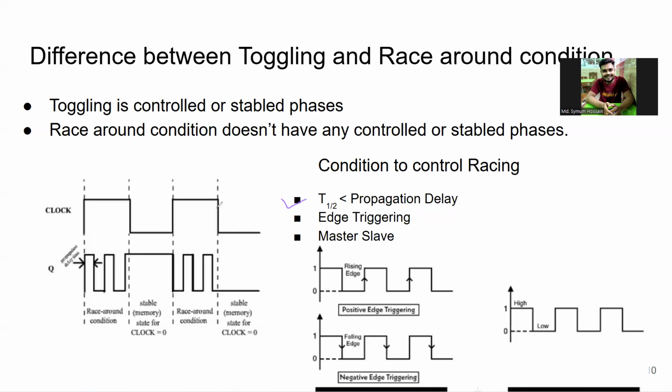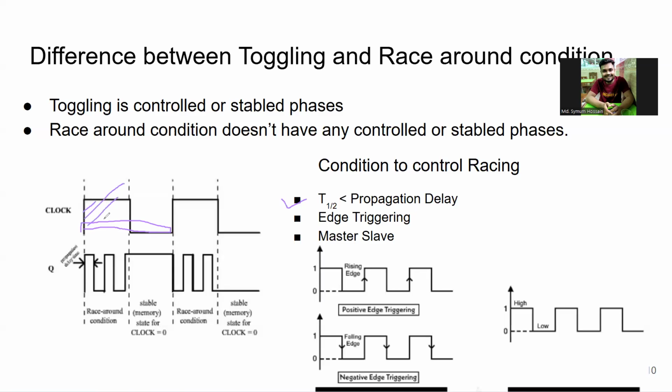What does it mean? Suppose, or you can say the propagation delay should be larger than the t half. So, for a single t clock, this portion is called t half.